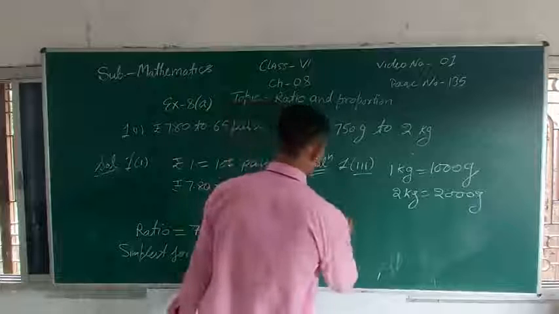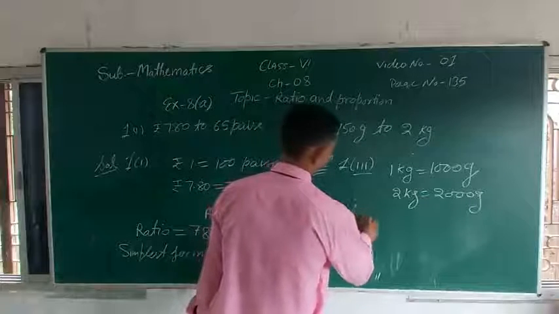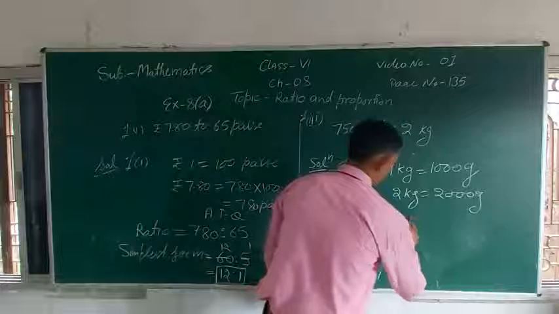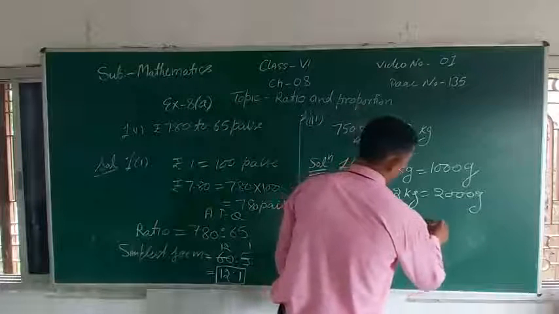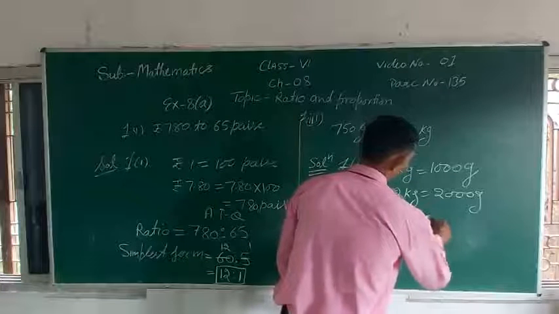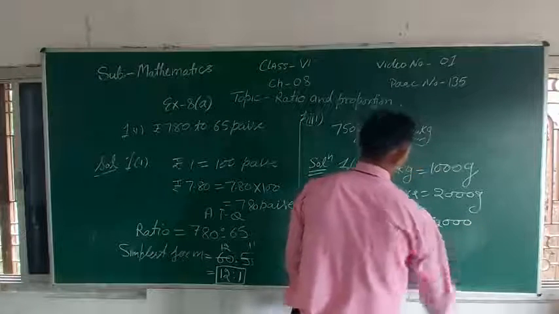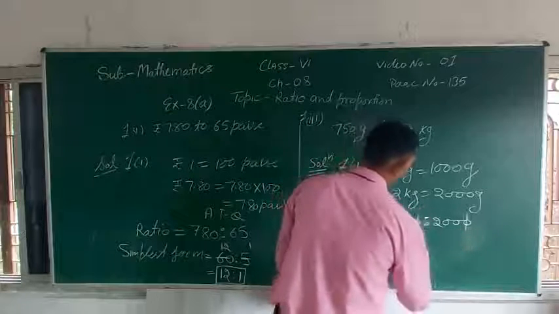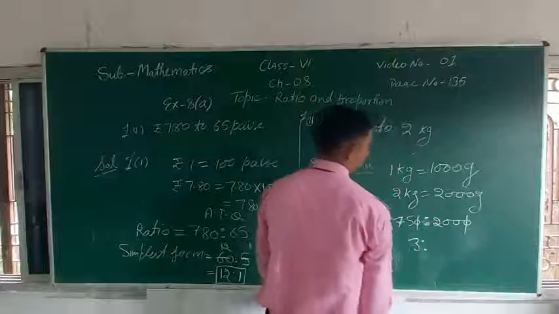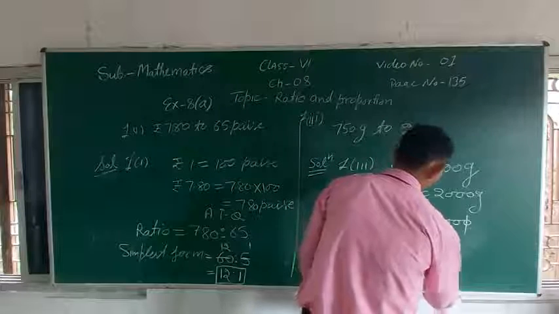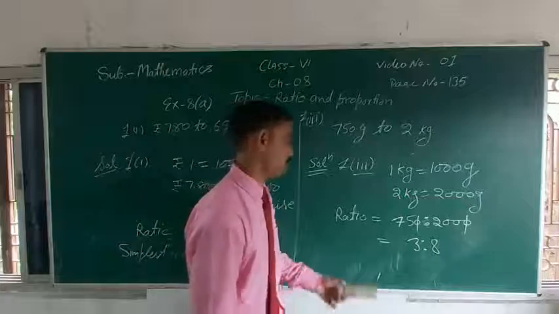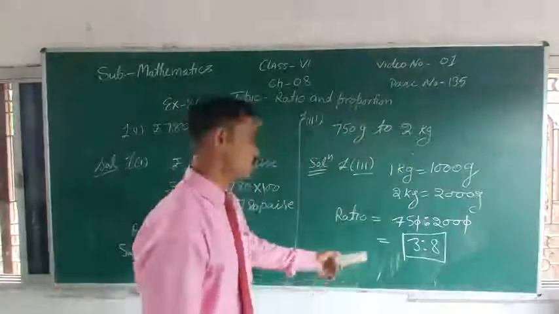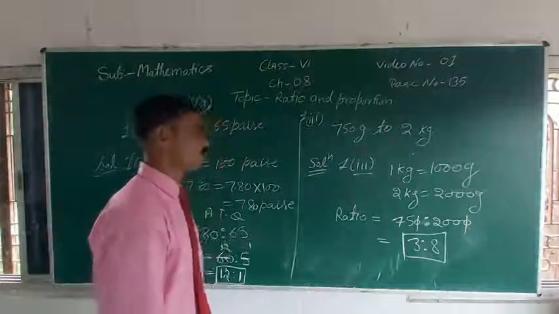Now we have to find the ratio, that is 750 ratio 2000. Now cancel 250 from both: 250 times 3 is 750 and 250 times 8 is 2000. So we get 3 and 8, and the HCF of 3 and 8 is 1, so it is the simplest form, which is our answer.